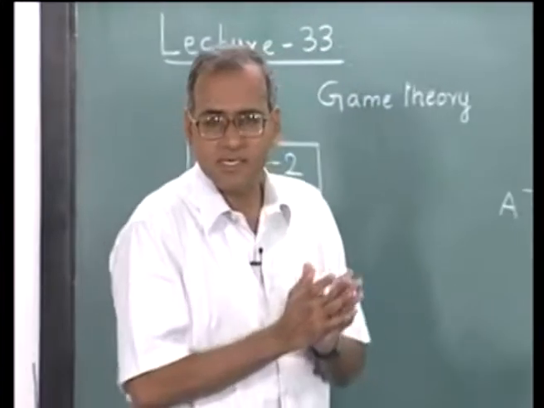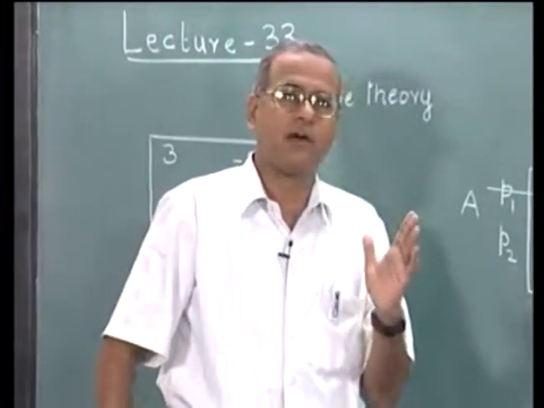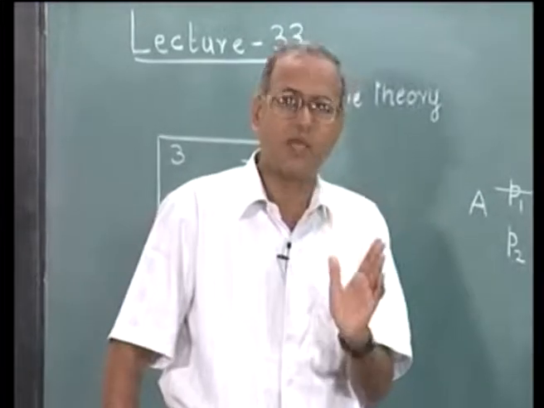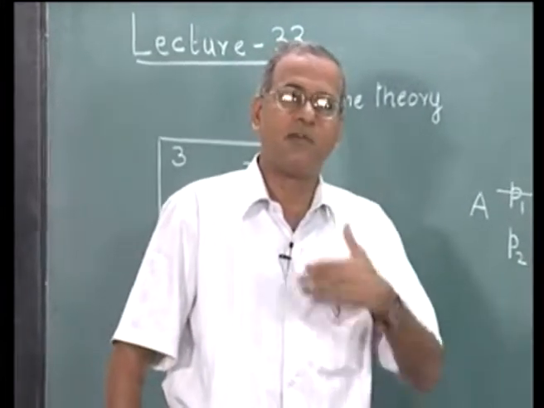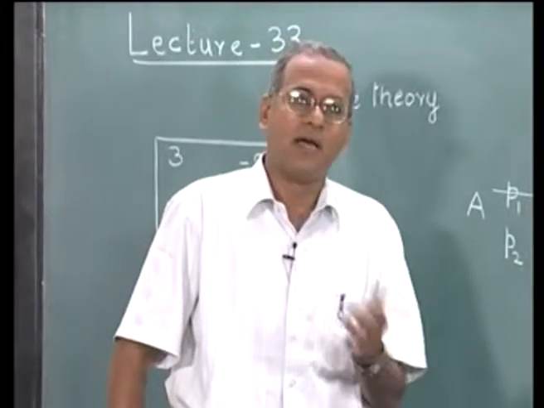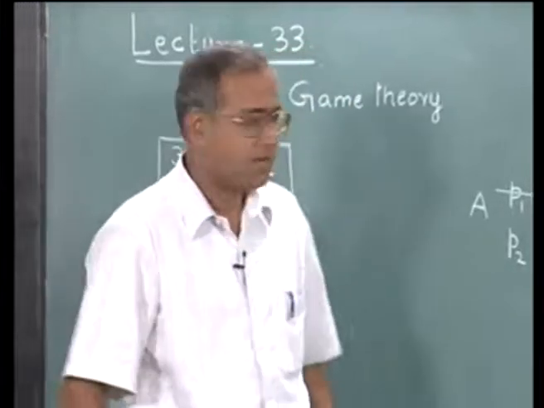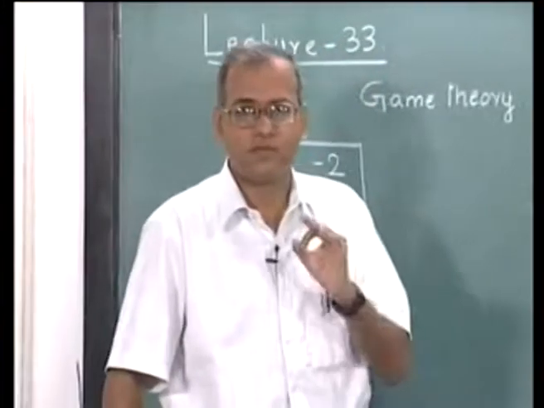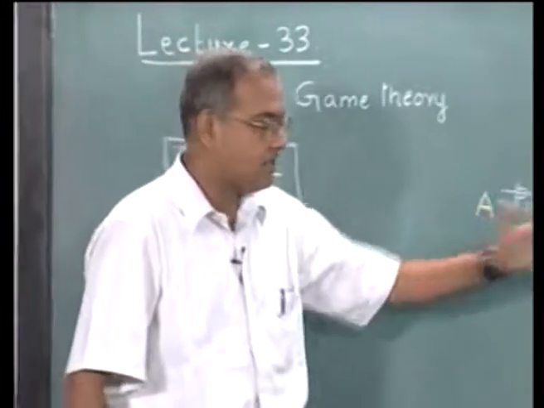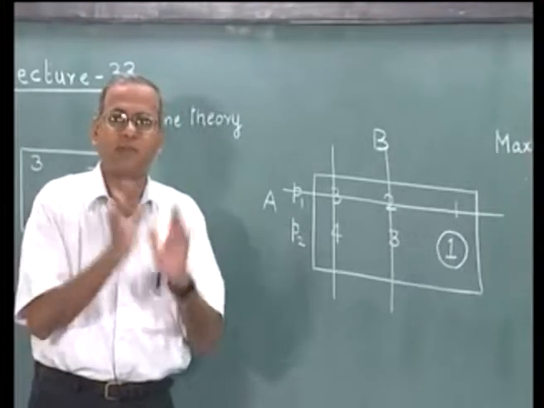As far as B is concerned, if there are 2 columns such that every element of a column is less than or equal to every other element of another column, the column with the bigger element will go and will be dominated by the column with the smaller element. So, therefore, given a payoff matrix, the first thing we have to do is to try and use the dominance conditions and try to reduce the size of the problem.